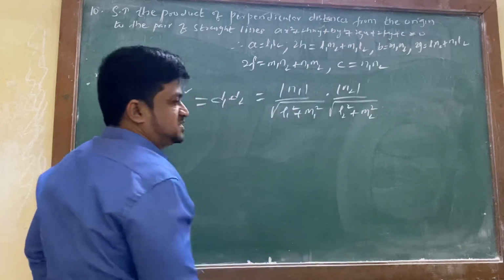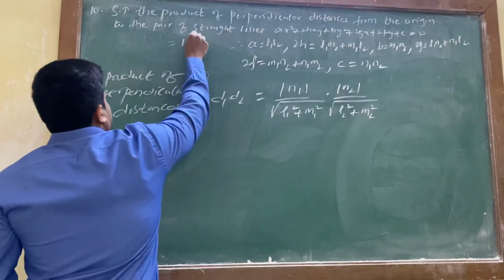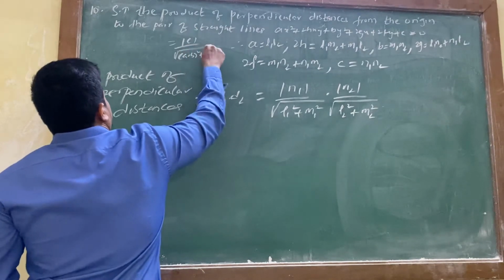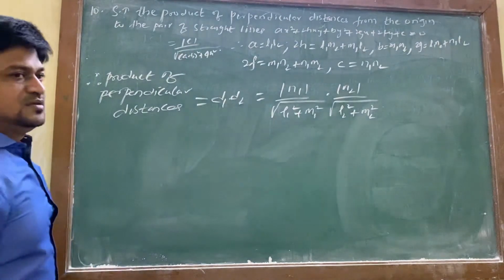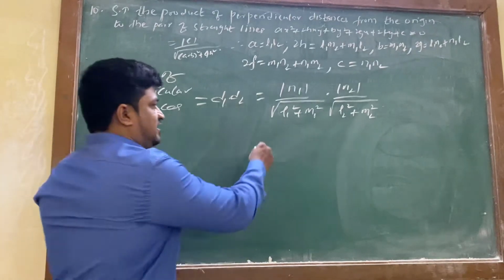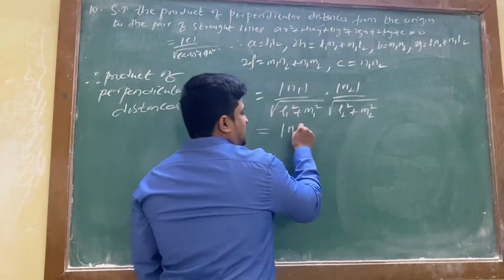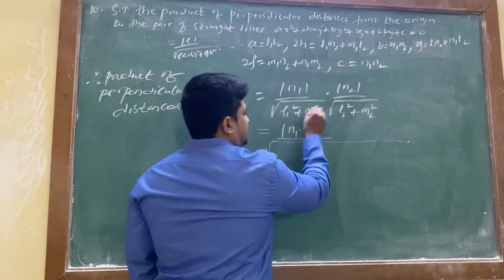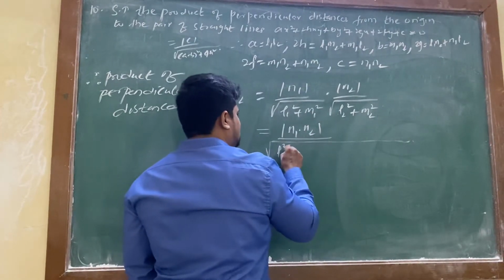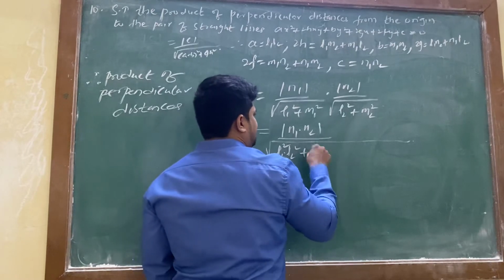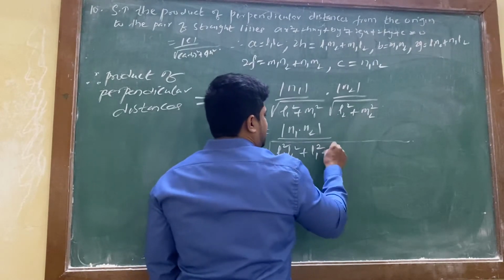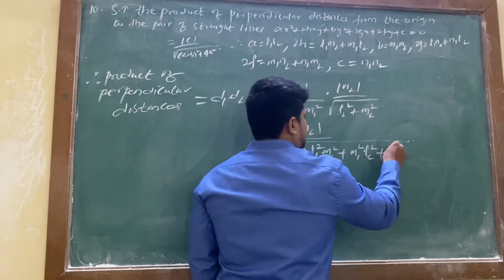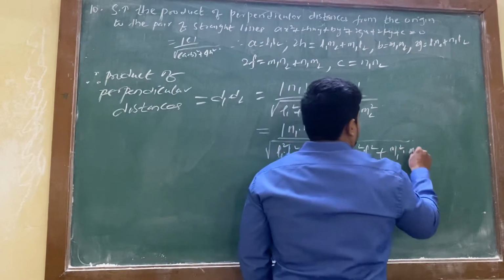After simplifying this one, we need to get this answer: modulus c by root of a minus b whole square plus 4h square. Now in the numerator what do we have? Both are in modulus, so single modulus N1 N2 divided by a single root. Now first one square, second one square, first one into second one, second one into first one, second one into second one.